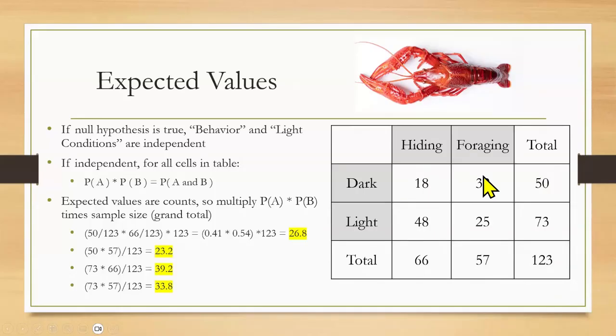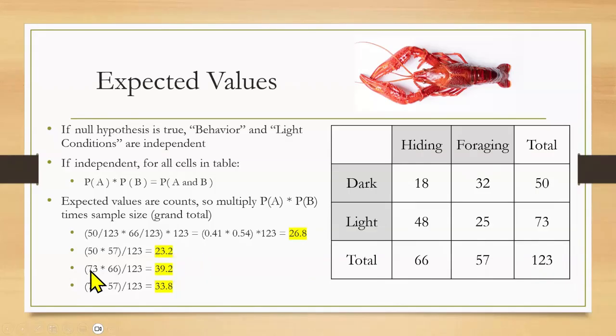We did that already for dark and hiding. Next we're going to go into the foraging column. It's also dark, so we're going to have 50, but instead of 66, we're going to have 57, the sum of the foraging column. So we have 50 times 57 divided by 123. That gives us 23.2.